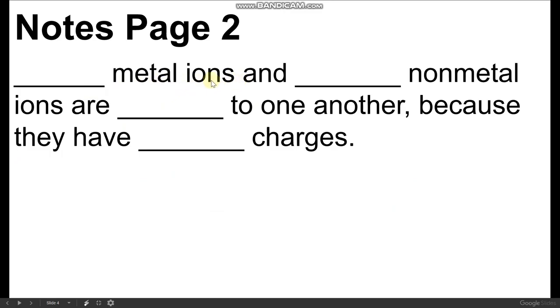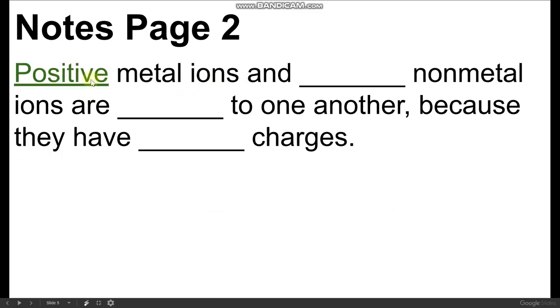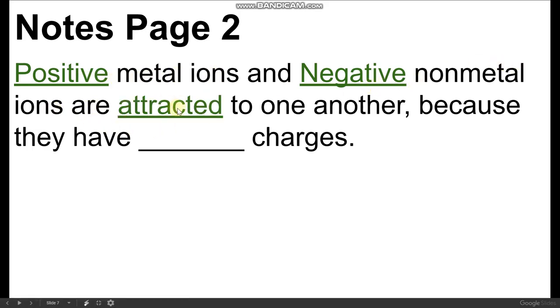And so remember that metal ions are positive, right? Because when you lose electrons, you form a positive ion. And that nonmetal ions are negative, right? Because when you accept electrons, you become a negative ion. Those positive metal ions and those negative nonmetal ions are attracted to one another.